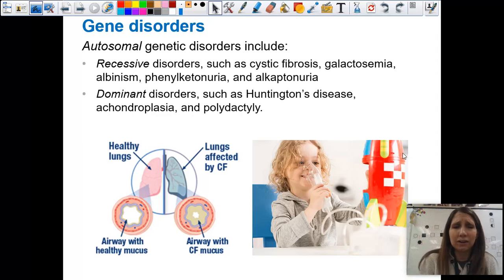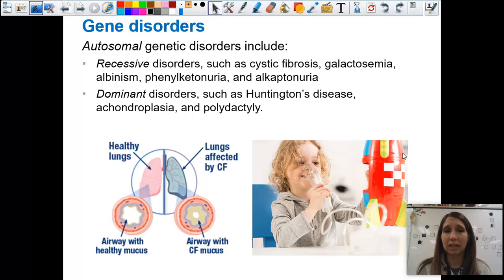Galactosemia, phenylketonuria, and alkaptonuria are all disorders that have to do with an inability to digest something. Galactosemia is an inability to digest something called galactose, which probably sounds an awful lot like lactose. It's also a sugar, a type of carbohydrate, and if they can't break it down, it's a little bit more severe than lactose intolerance, but there are certain foods that these people would need to stay away from.